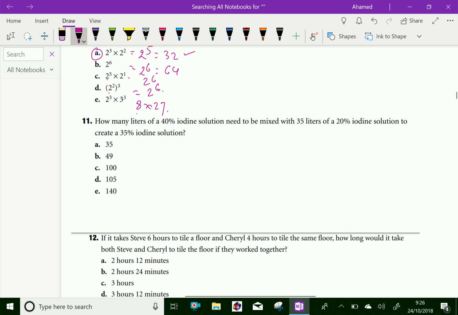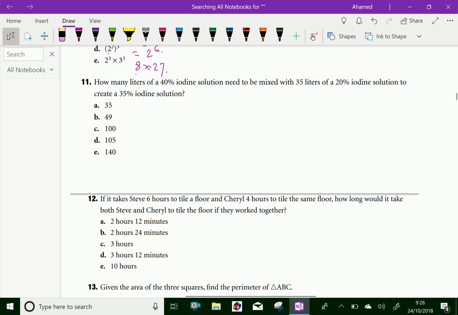Next one. How many liters of 40% iodine solution need to be mixed with 35 liters of a 20% iodine solution to create a 35% iodine solution?